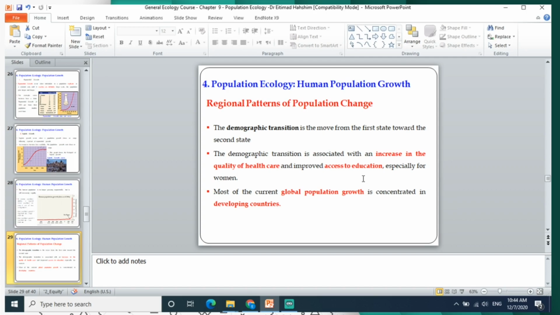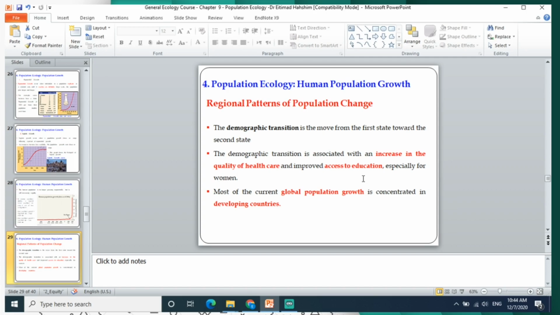So there is a transitional movement from the first state towards the second state. The demographic transition is associated with an increase in the quality of health care. If people want to control the death rate, to make people survive in good condition and have a long lifespan, then they will increase the quality of health care and improve access to education, especially for women.